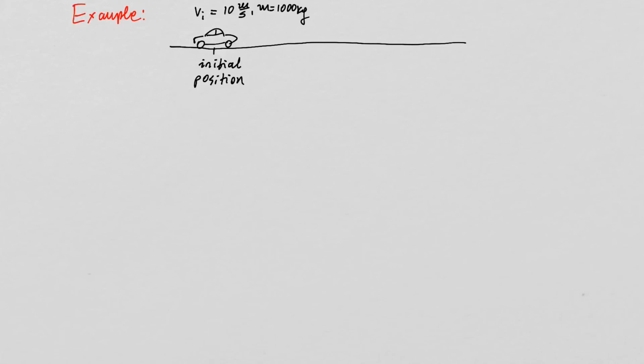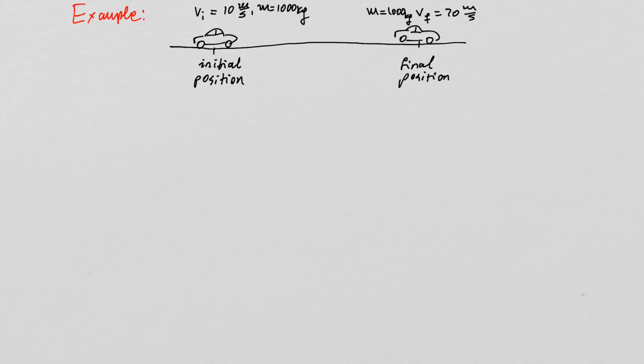And so the car moves down the road and reaches this final position. And the velocity of the car now is 20 meters per second. The mass remains the same, 1,000 kilograms. Let's assume that the car did not travel a long enough distance to burn enough fuel so that the mass changes.